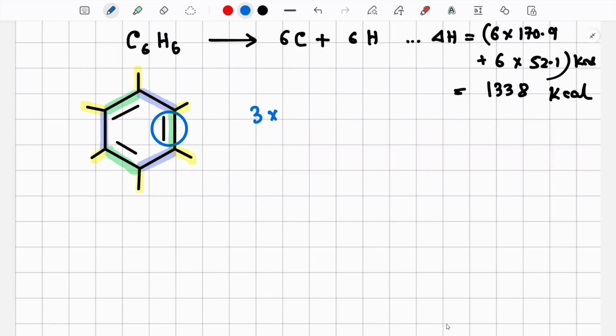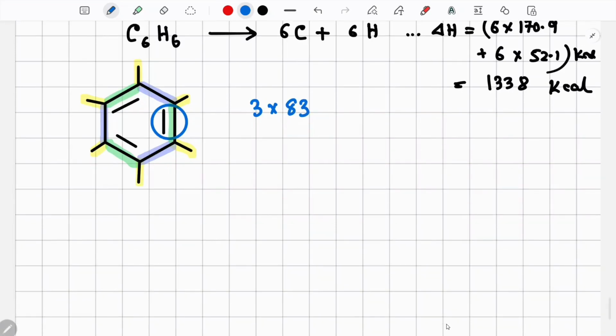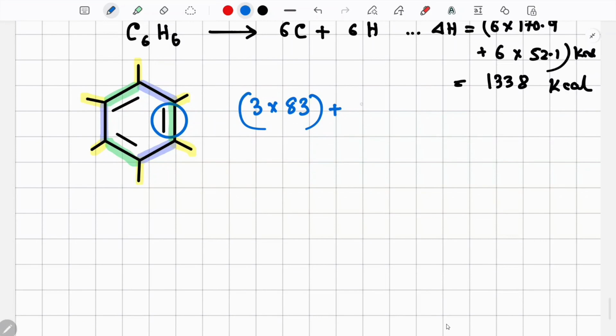Now you calculate. So it will be 3 times 83. Obviously, the minus sign will be there that we can add later. And it will be 140 and 352.1 kilocalories. Hydrogen is 6. Yes, 6.